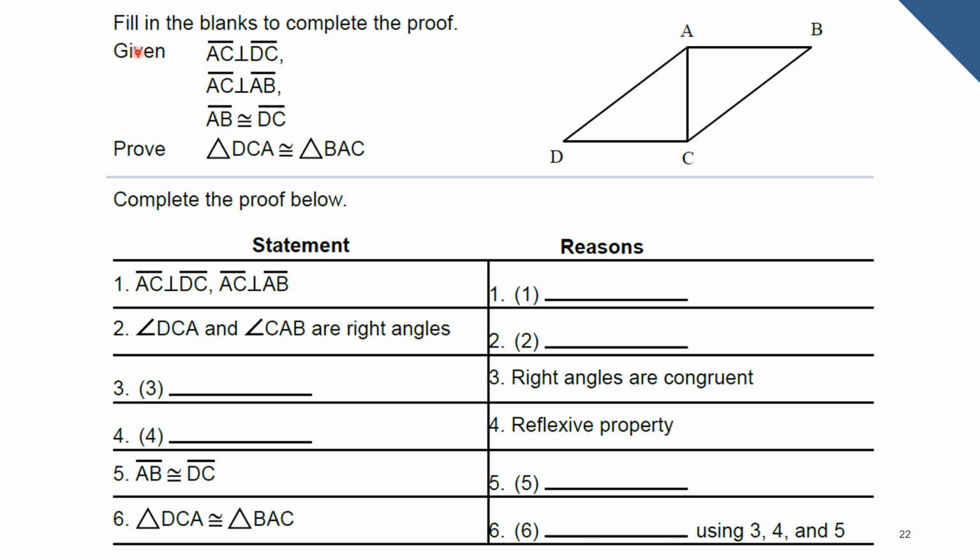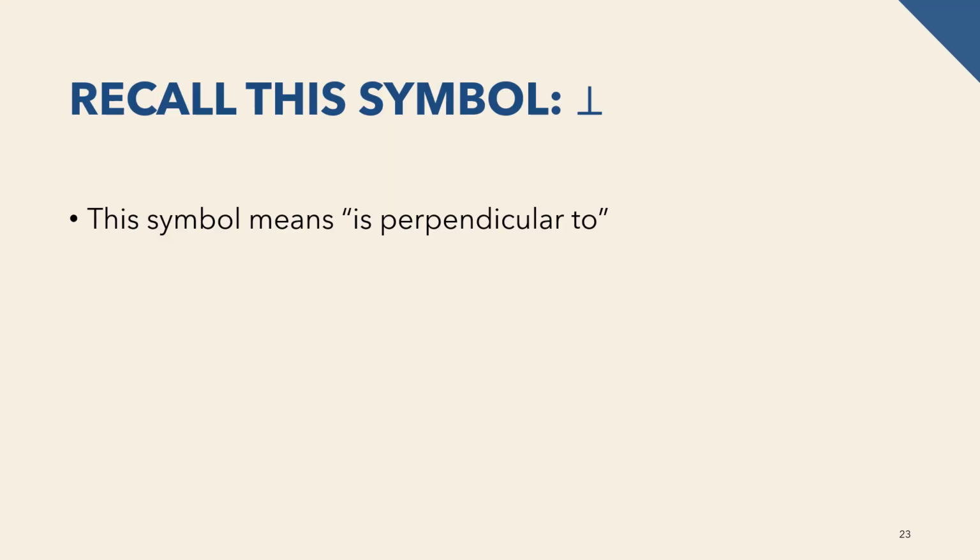It says, given that line segment AC, and then this weird symbol, and then we have line segment DC. Do y'all remember what that symbol means? It looks like an upside down T. That symbol means is perpendicular to. Now let's talk about what it means to be perpendicular. If I say that two line segments are perpendicular, what kind of information does that give me?